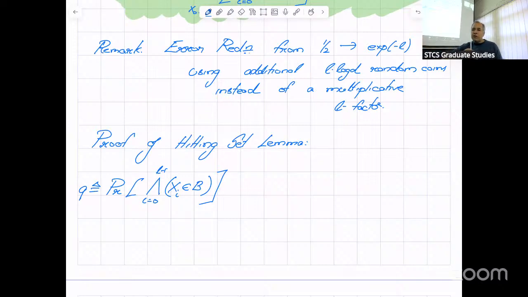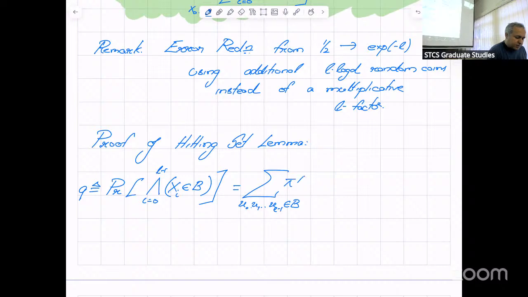We want to ask what is the probability that all these vertices are in B. This is exactly the summation over U0, U1, up to UL minus 1 in B of the probability that you start with U0, you take a step from U0 to U1, then you take a step from U1 to U2, and so on, up to UL minus 2 to UL minus 1.